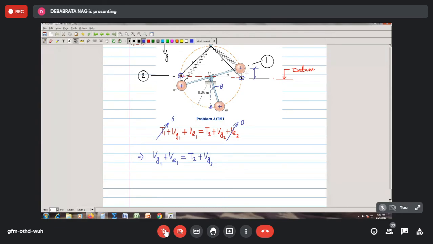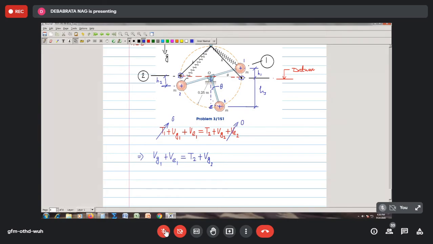I call this H2, the second mass. I am arbitrarily numbering them 1, 2, 3. So this is H2, and obviously this one will represent my H3. That means this height is H3.